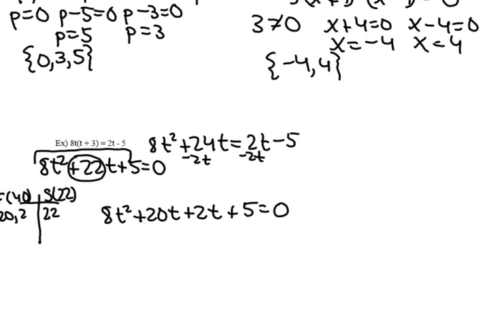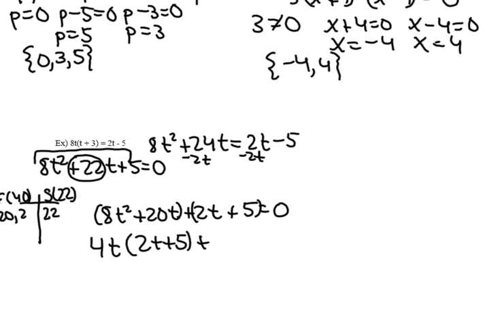Now, because I have 4 terms on the left-hand side, this is a factor by grouping. So I'm going to factor the first 2 and the last 2. What can I factor from the first 2 terms? Well, 4 and t. That leaves me with 2t plus 5. Now, what can I factor out of 2t and 5? Other than 1, nothing. But the key is I can factor out a 1.